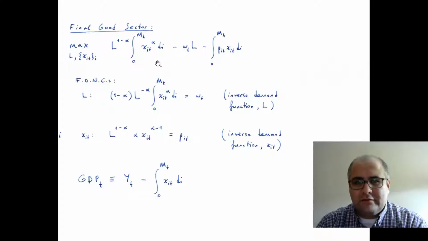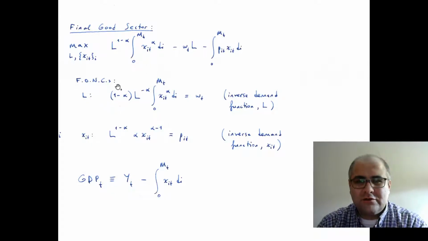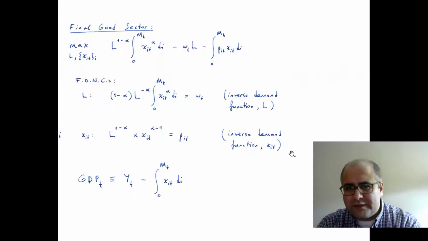Now don't get intimidated by the integral terms, because integrals are just summations. So you can take first order necessary conditions in a simple way. These first order conditions give you the inverse demand function for L and the inverse demand function for X. So that would be key. Why?